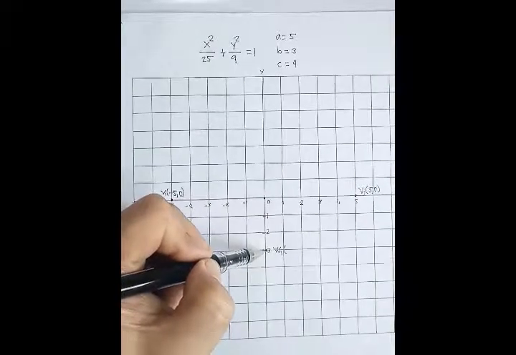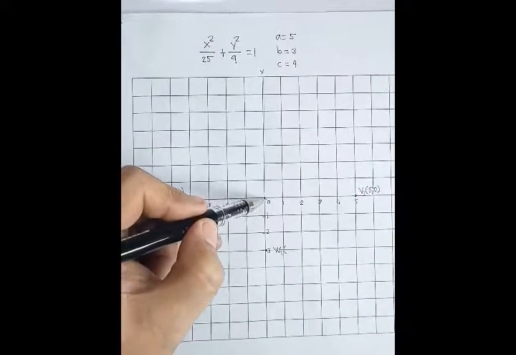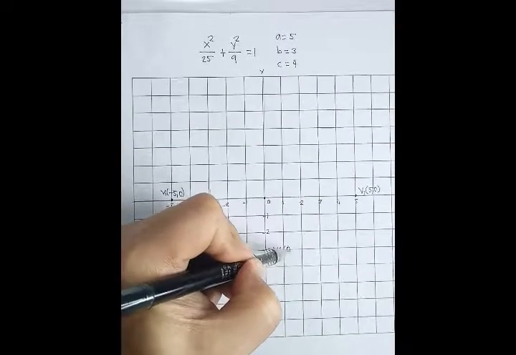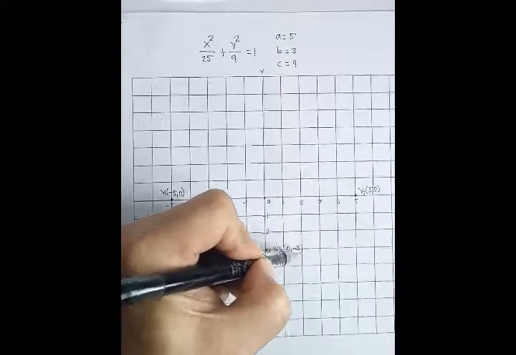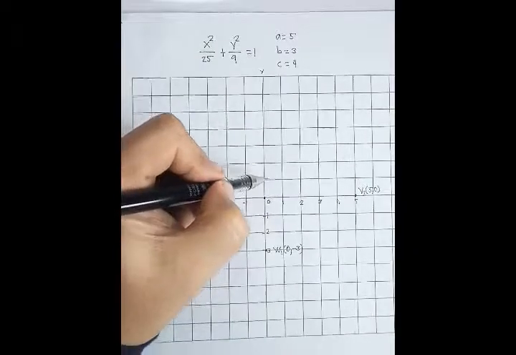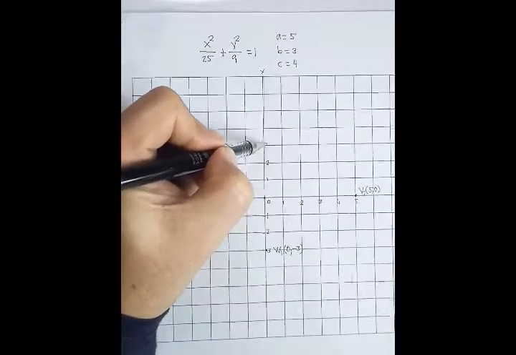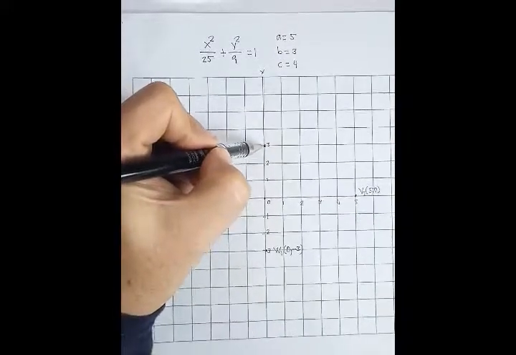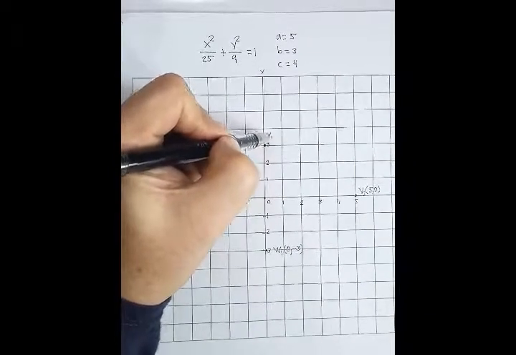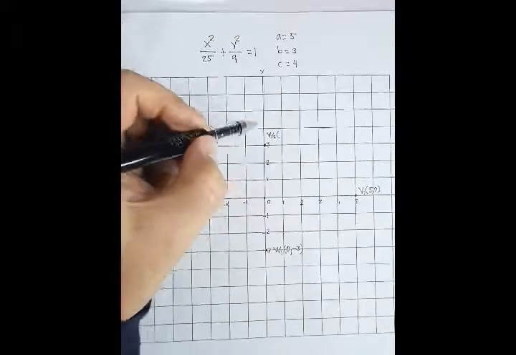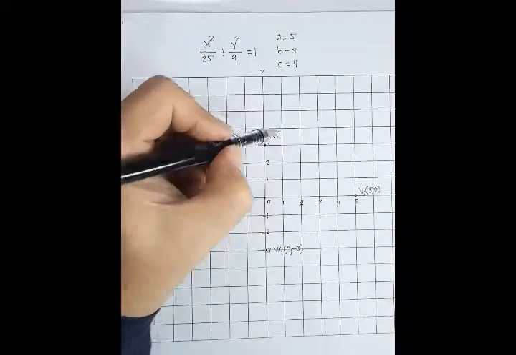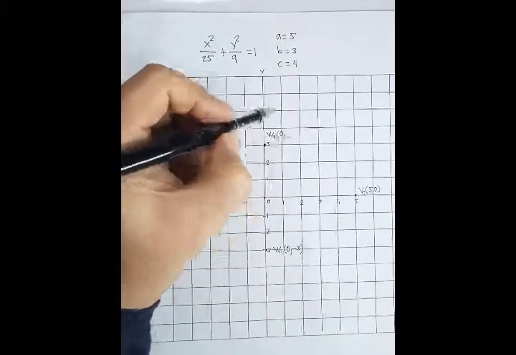So unsa may location sa atong W1? So it is at 0 then -3. And then again from the origin padulong sa taas, so we have 1, 2, 3. So this point is our co-vertex W2. So kaning itong W2 is at 0 ang value sa x and then 3.